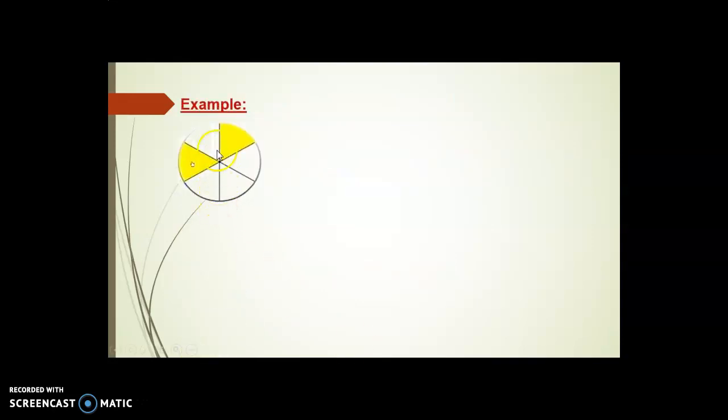Example. Here I have this circle. This circle is divided into 1, 2, 3, 4, 5, 6 parts, 6 equal parts. How many shaded parts? I have to write the shaded parts on top. So I have 2 shaded parts from 6 parts, and it's read as 2 sixths.